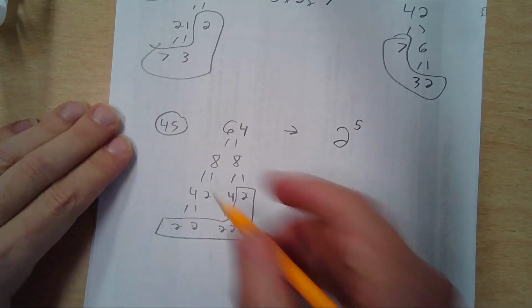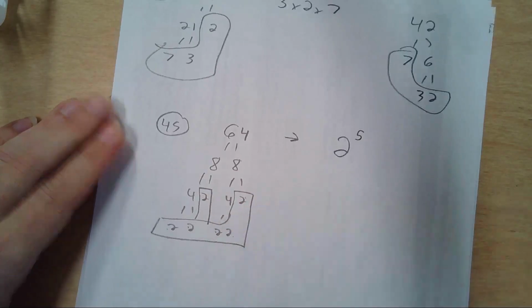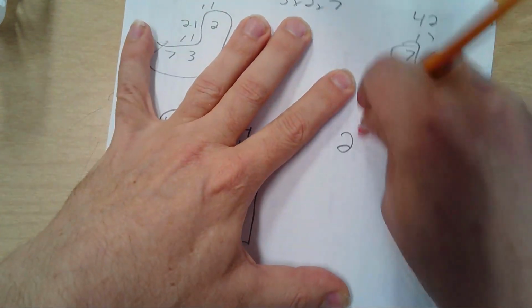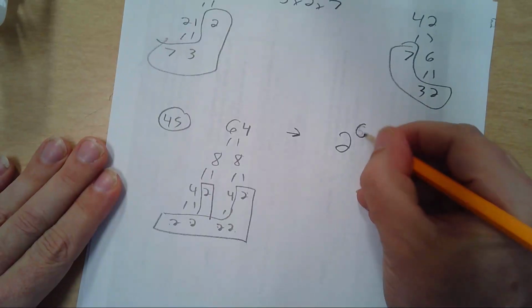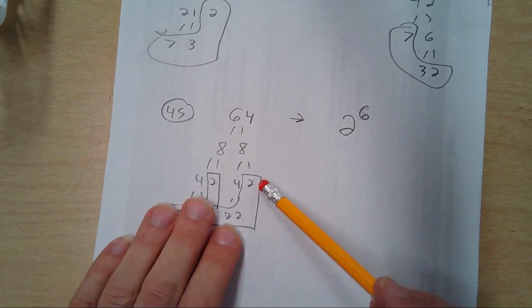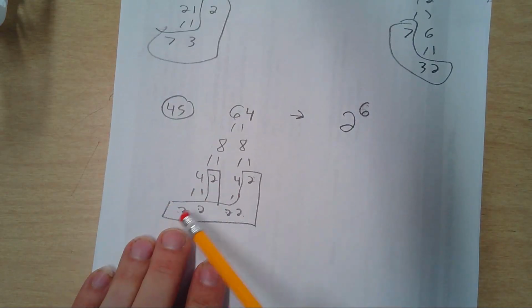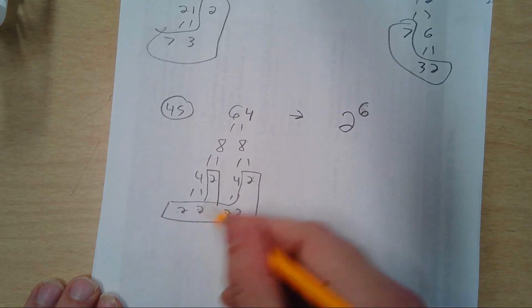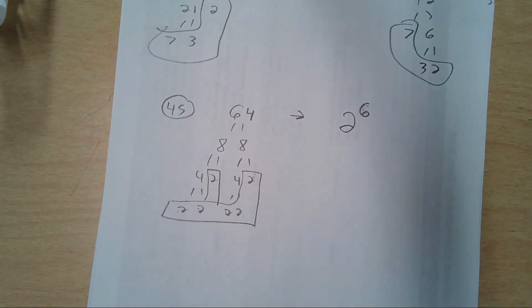Oh, you forgot that 2 right there. 2 to the 6th. 6 of them. So 4 times 2, there's 2, and then the 4s all turn into 2 times 2. 1, 2, 3, 4, 5, 6. 2 to the 6th. 2, 4, 8, 16, 32, 64. There it is. 2 to the 6th. Looks like an airplane.